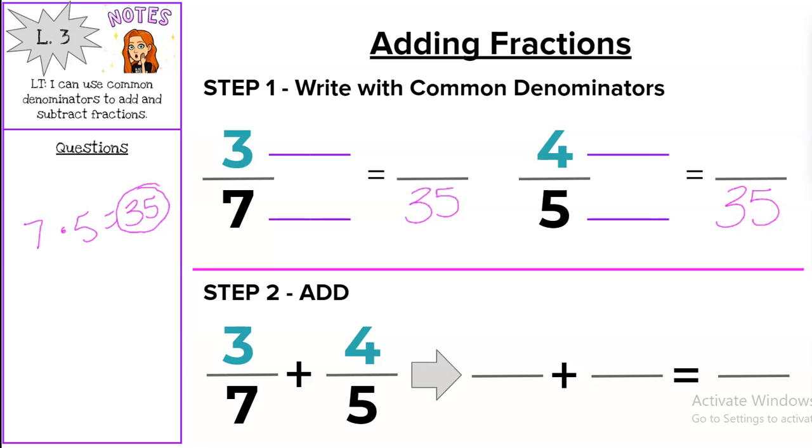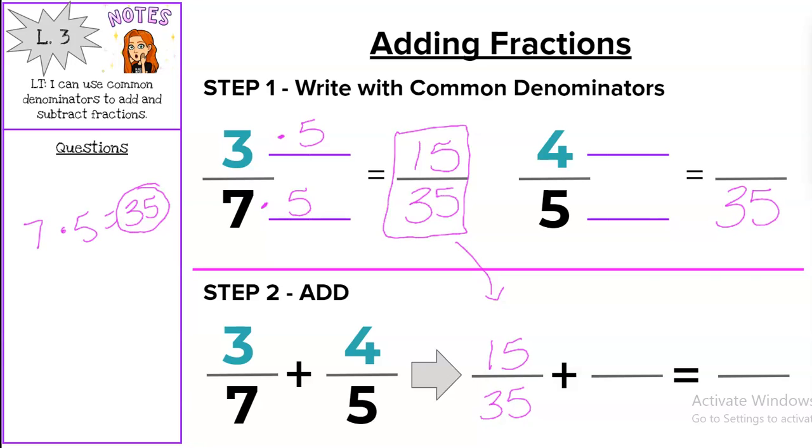Now to get to 35, we had to multiply 7 by 5, because 7 times 5 is 35, which means we also multiply 3 by 5. What's 3 times 5? That's 15. So we have 15 over 35 is the new fraction for 3 over 7.